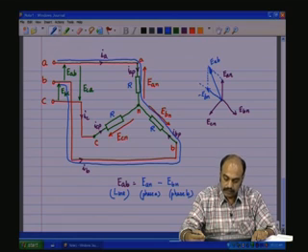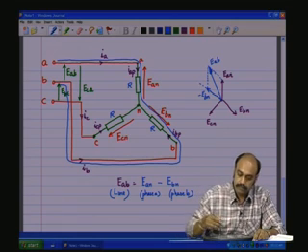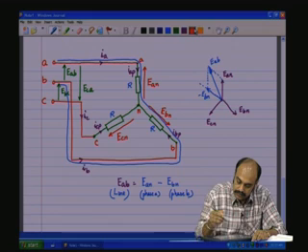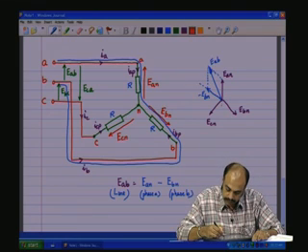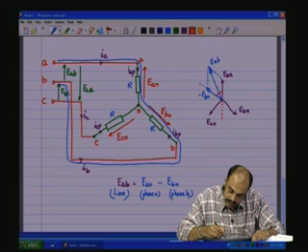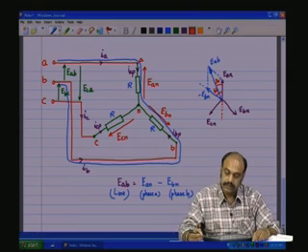Okay, let us have a look at the angles. So, we see that this angle is 120 degrees, and if we extend, this angle would be 60 degrees. So, if this angle is 60 degrees, this angle will be half of that, which is 30 degrees.